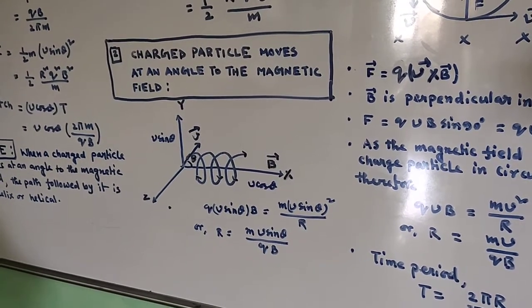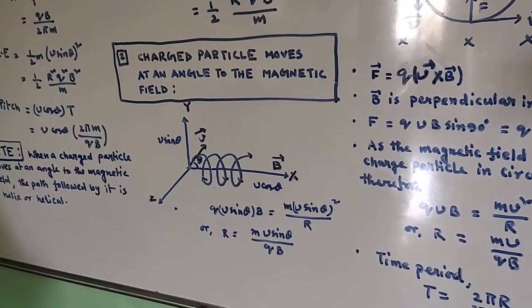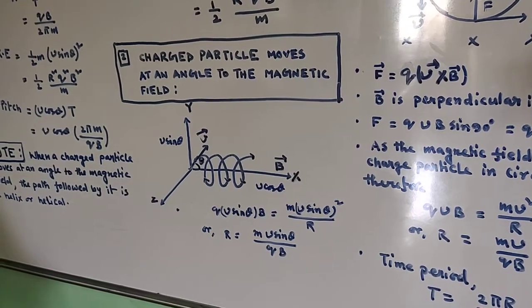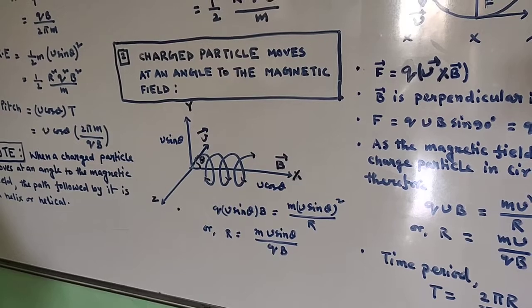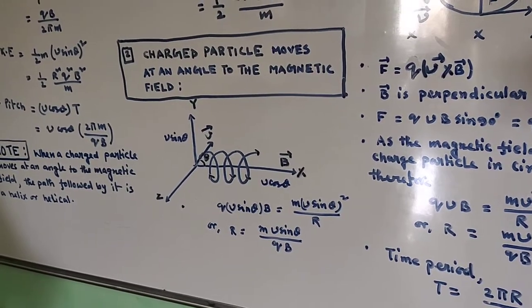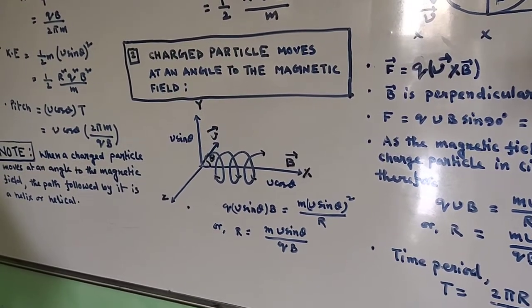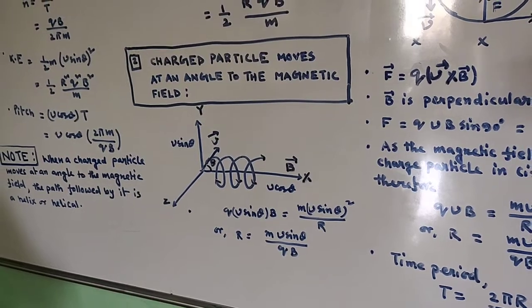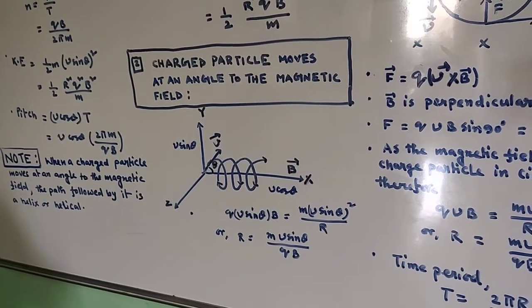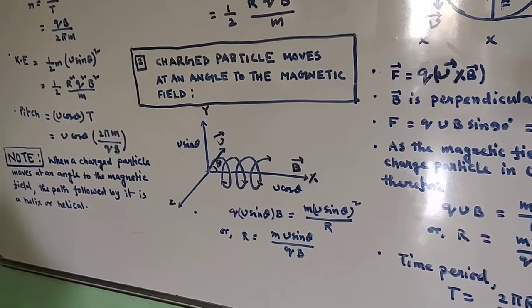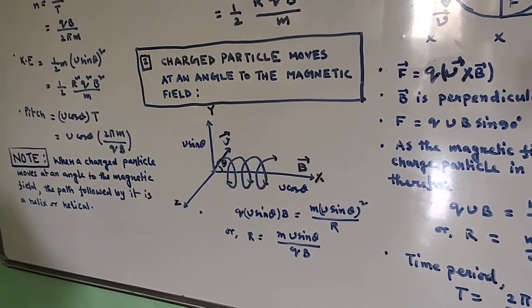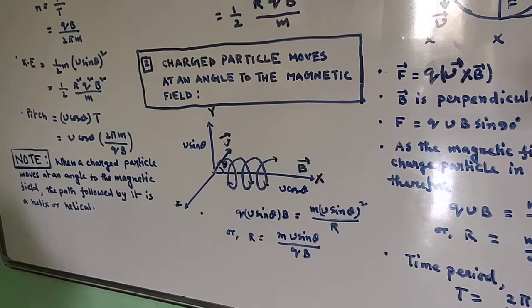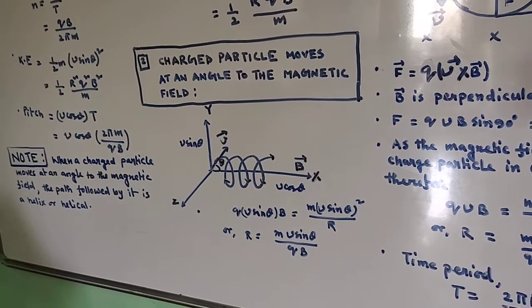This kind of movement describes a special kind of path known as helix, or helical in nature. So v sin theta tries to maintain the circular path, but v cos theta drags the circle along the x-axis. So it is no longer a circular path, rather it is helical in nature.